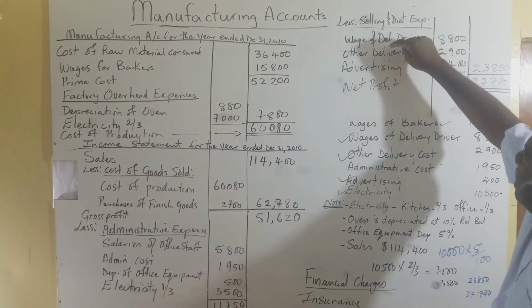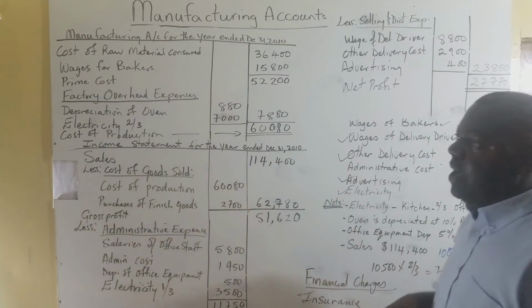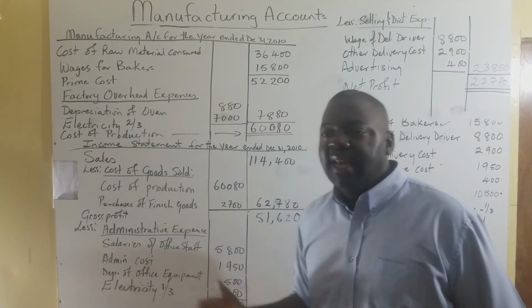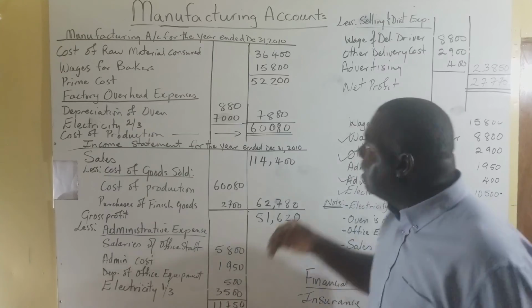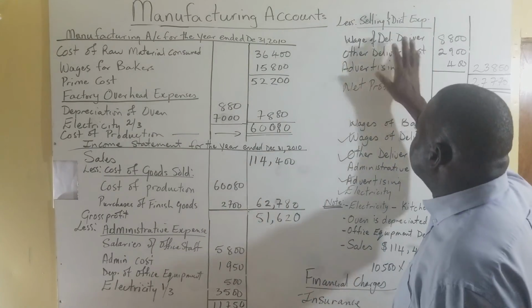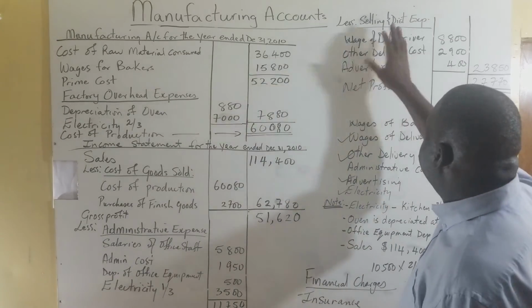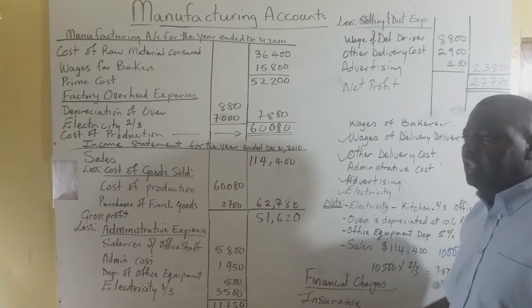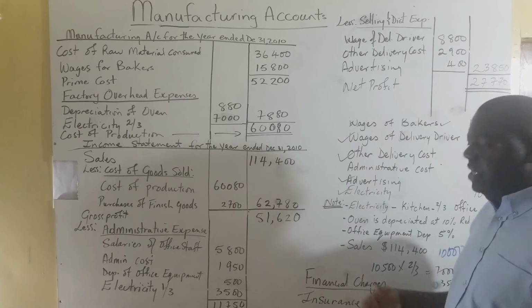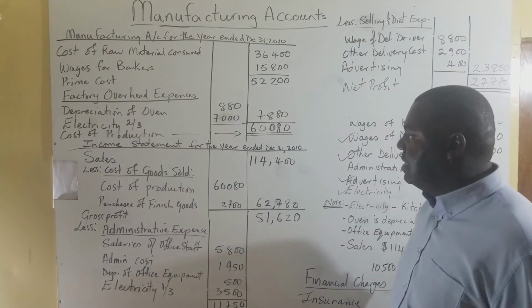Hence, we have delivery man wages, advertising, carriage outwards. Delivery van depreciation will come here under selling and distribution. Salesman wages would be here. And then you have financial charges, dealing with bank charges or insurance, etc.